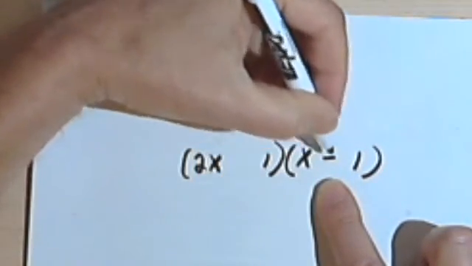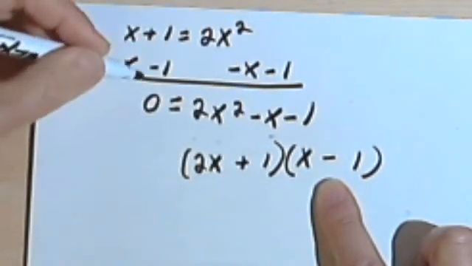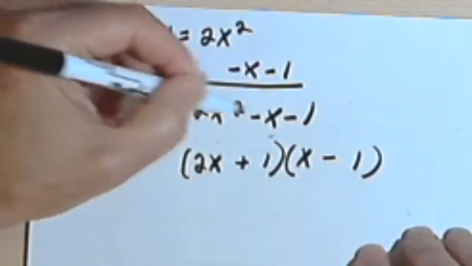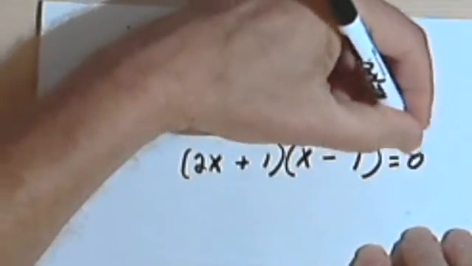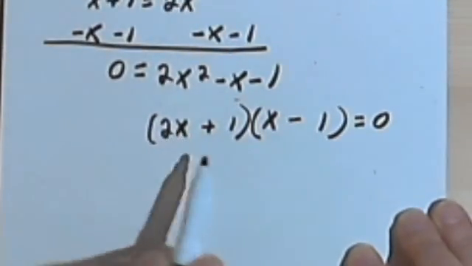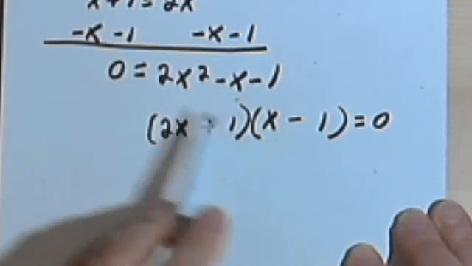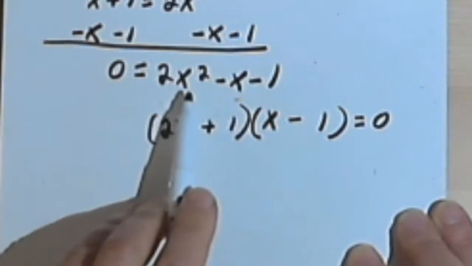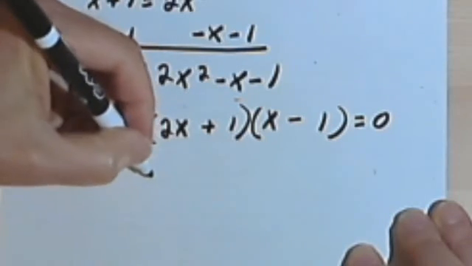And if I put a negative sign here and a positive sign here, I'm going to get back to this original trinomial. So I've now got it factored. You can check this by multiplying it back, by foiling it back to make sure that it came from the original one. And now I'll just solve this.